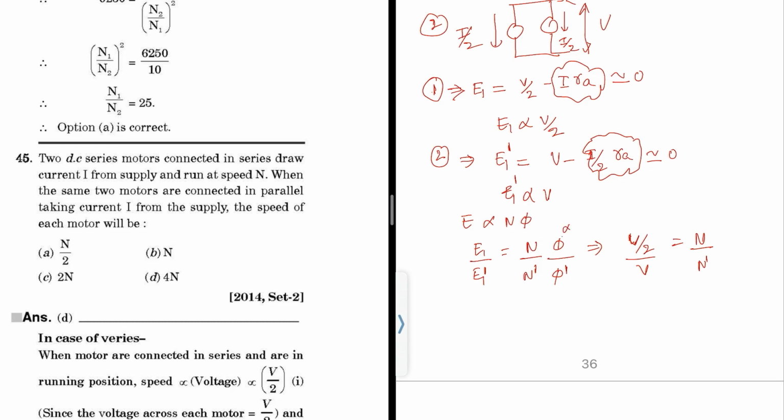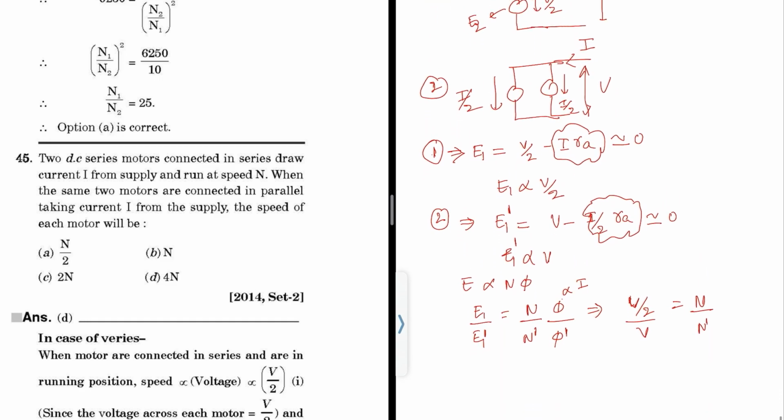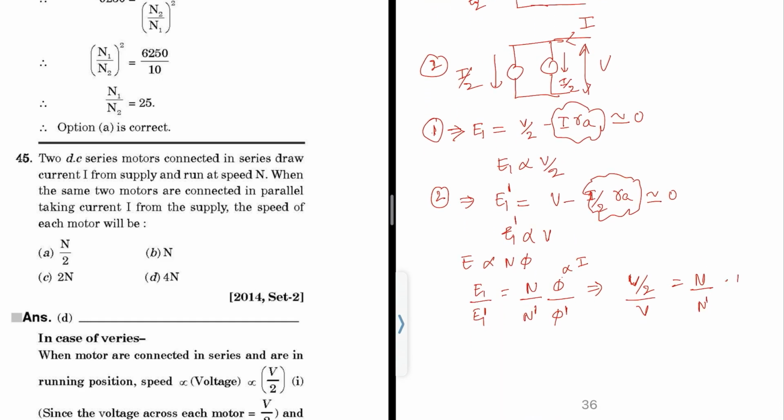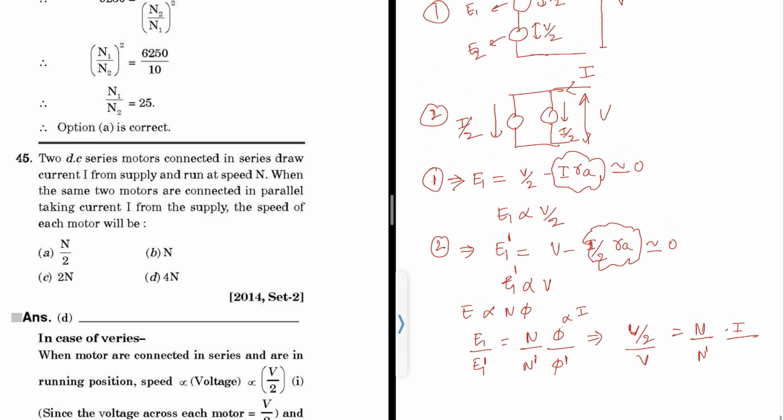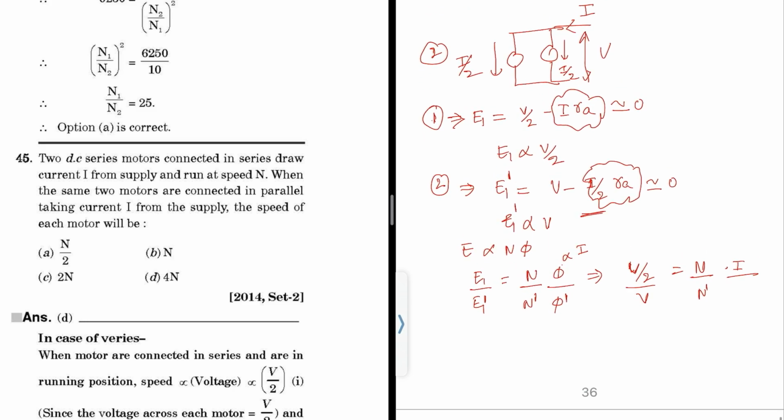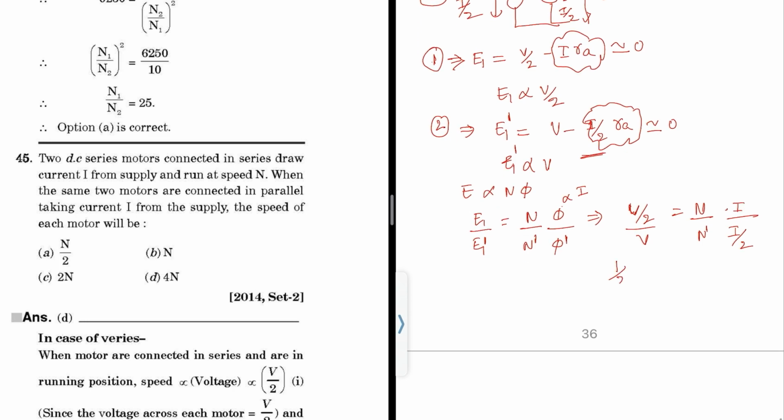Here phi is proportional to I, the armature current, because it is a DC series motor. In the first case phi is directly proportional to I. In the second case, phi is directly proportional to I by 2. So 1 by 2 equals N by N dash into 2. So N dash equals 4 times N. So the answer will be 4N. Okay. Thank you.